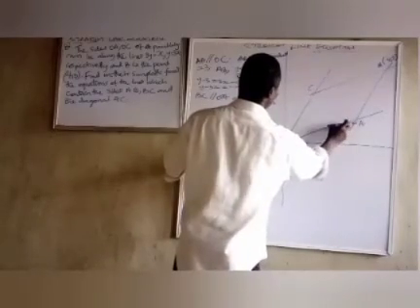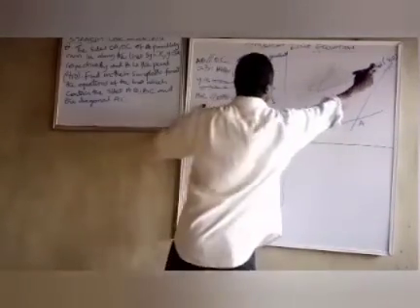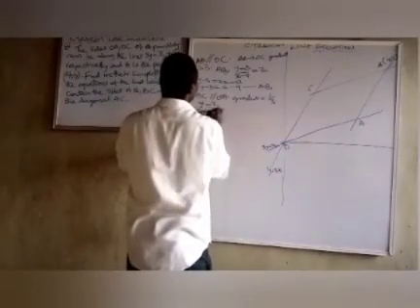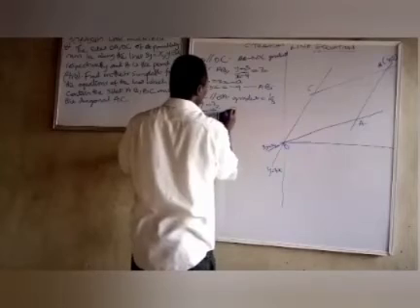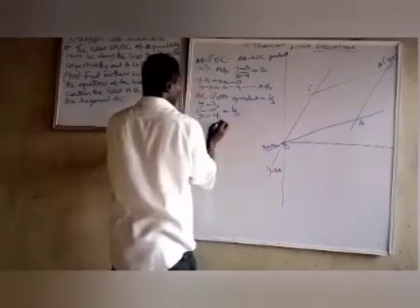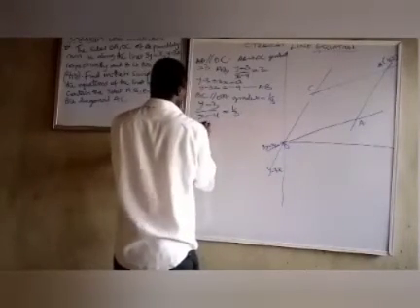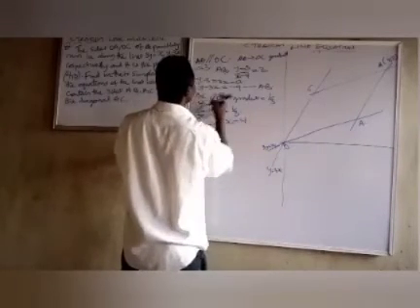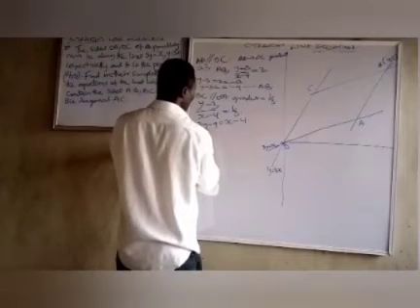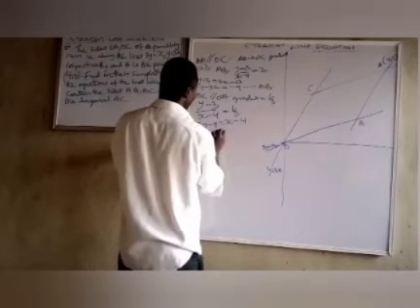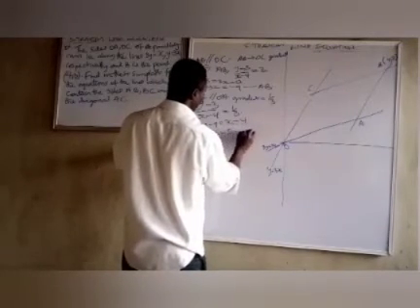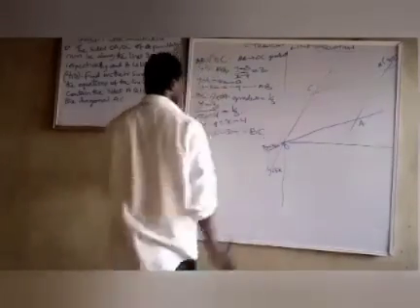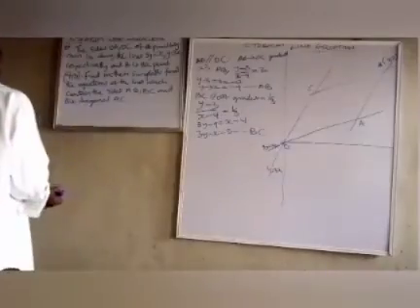Since it passes through this point, we are going to have (y minus 3) over (x minus 4) equal to 1 over 3. So we have 3y minus 9 equal to x minus 4. So our equation will now be 3y minus x equal to 5. That is for BC.